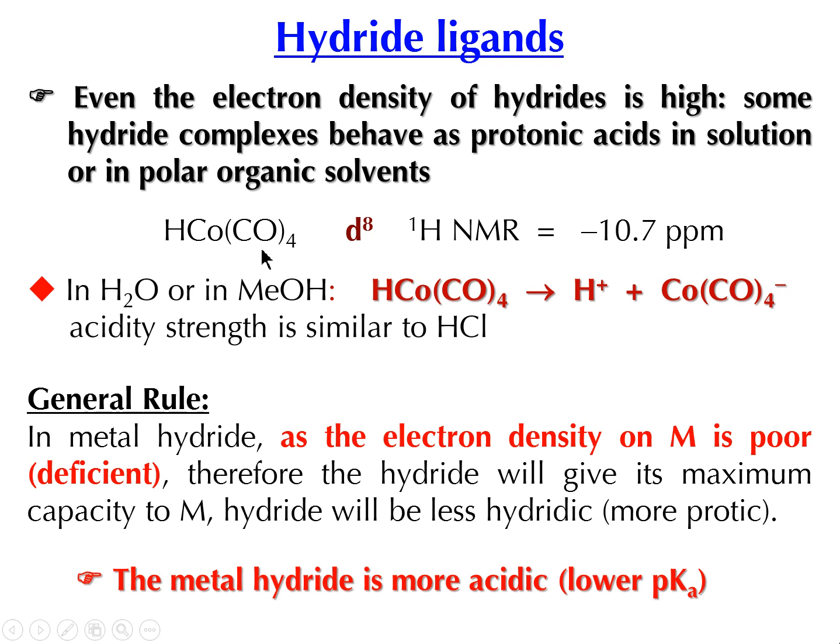For the complex HCo(CO)4, the cobalt has oxidation state 1, so it's d8. By theory, we said the metal center from d1 to d9 will give a chemical shift in the negative domain. So the hydrogen NMR observed is really in the negative domain.